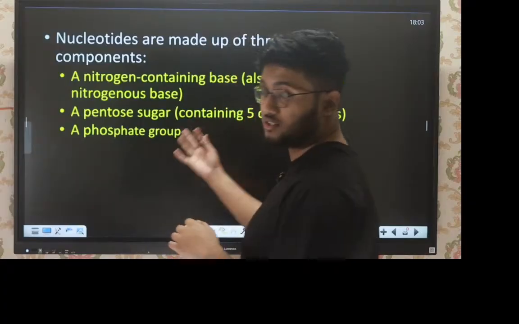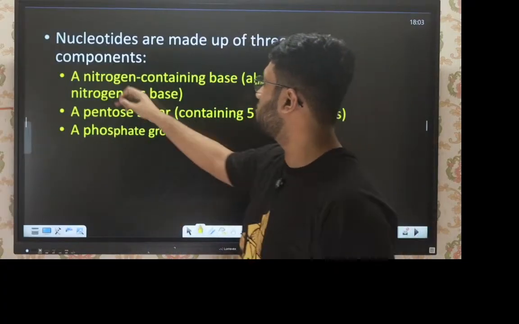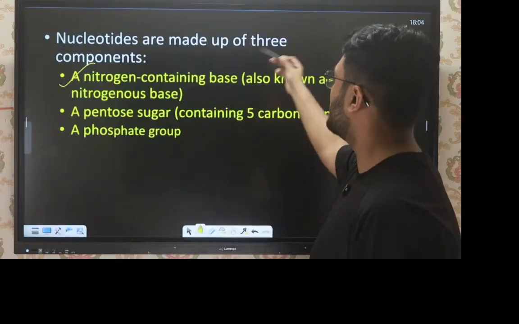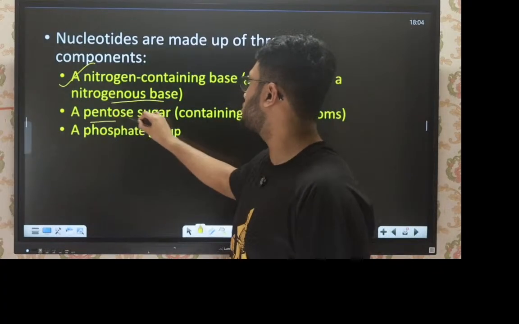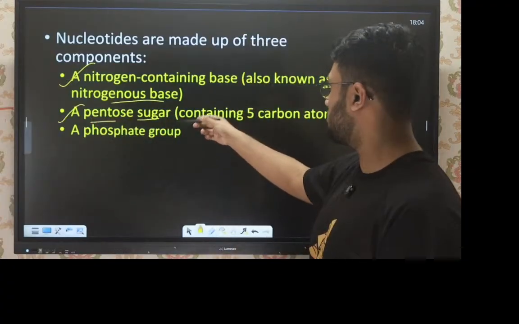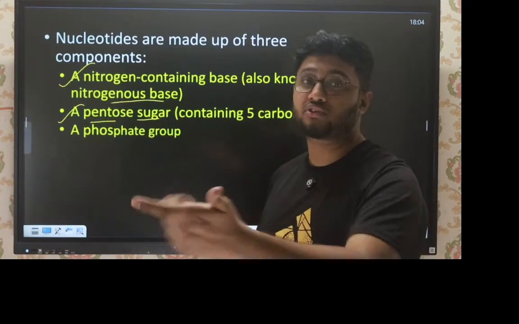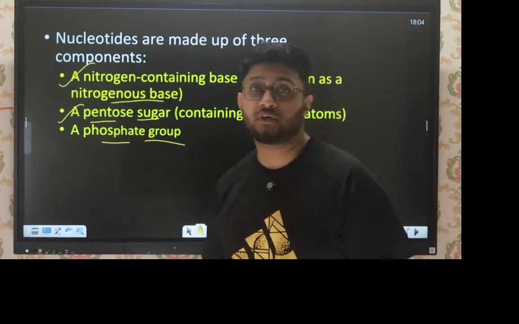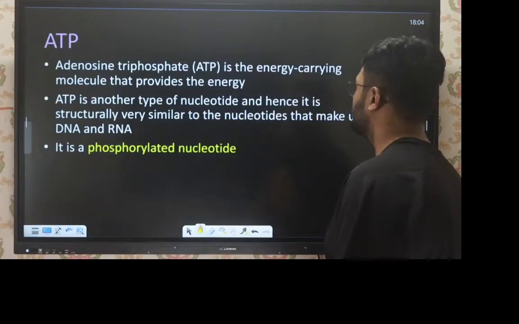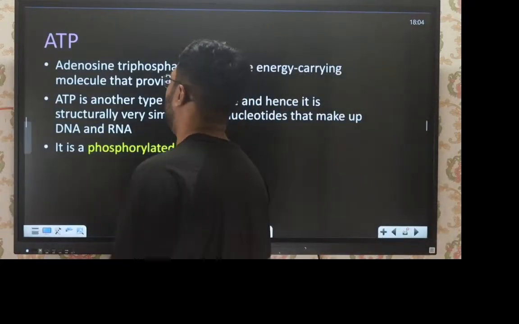Now, we already learned this in the diagram. Nucleotides are composed of a nitrogen containing base, also known as the nitrogenous base, a pentose sugar, very important, which could be ribose or deoxyribose, and a phosphate group. Alright, guys, ATP.